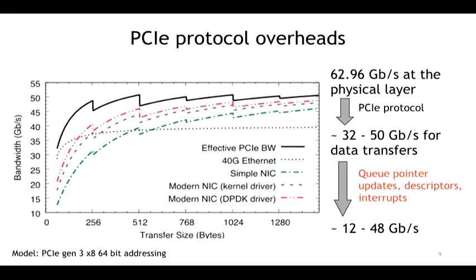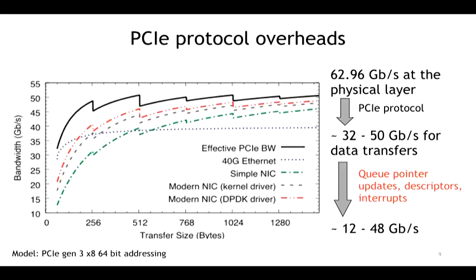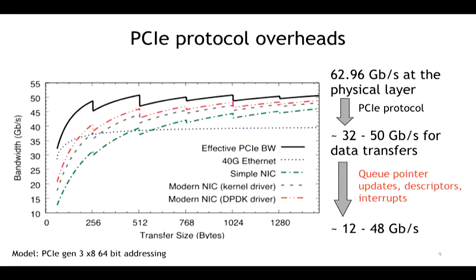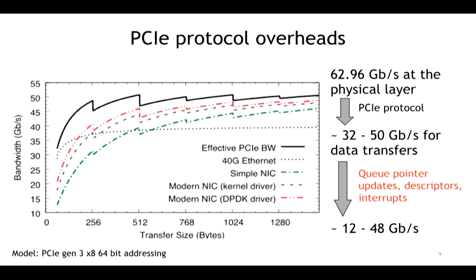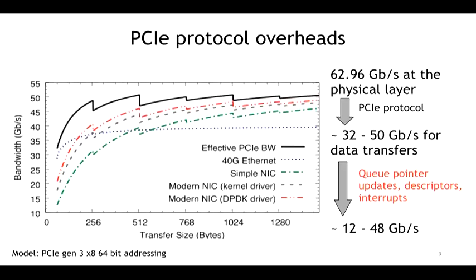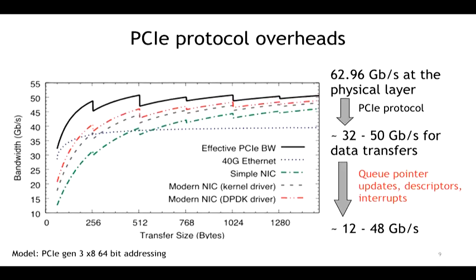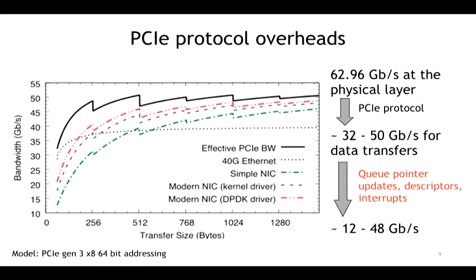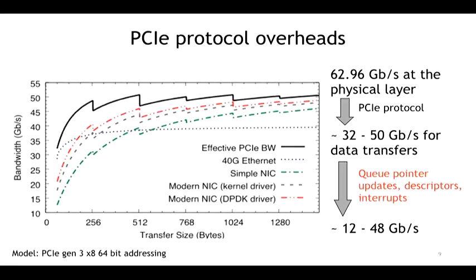If you model this in a very simple fashion, you want to transmit a packet, so you put a descriptor on your ring, you ping the device by writing to a device register, the device DMAs the descriptor, DMAs the data, and transmits the data. If you implement that in a very simplistic fashion, your throughput can actually go down to something like 12 gigabits a second, and that's the blue line, labeled simple NIC. These are all PCI protocol overheads, because every PCI transaction adds a few bytes, up to 20 bytes.